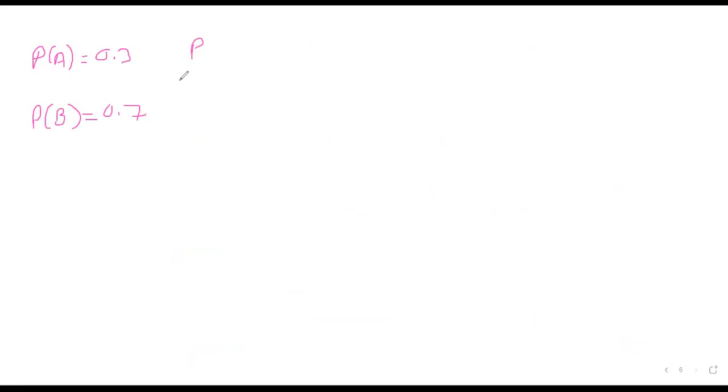And given D given A, and here probability of D given B. Okay, let me change the figures here. Suppose A is 0.4 and B is 0.6. And here D given A maybe 0.10 and this is 0.04.